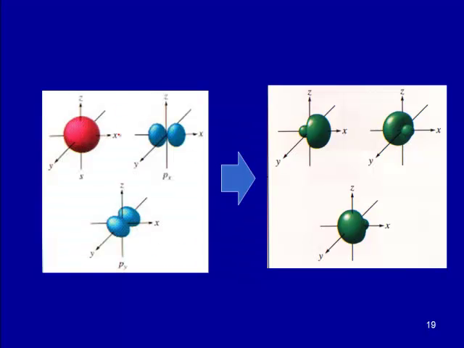So as you can see here, this is the s, and this is one of the p, this is another of the p orbitals. Notice they have different directions. This one's on the y-axis, this one's along the x-axis. So when we mix these two, remember when Schrodinger did the model, he came up with the positive and negative, positive and negative. This is purely mathematical calculation for electron considerations.